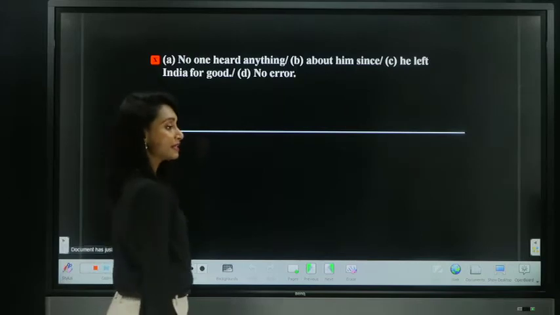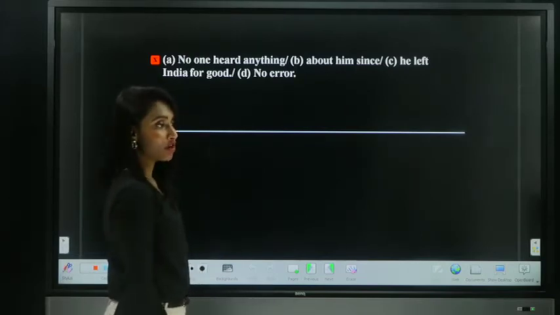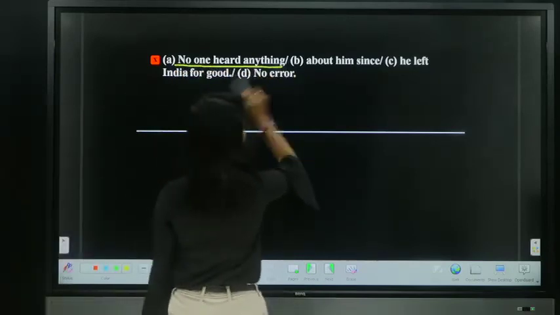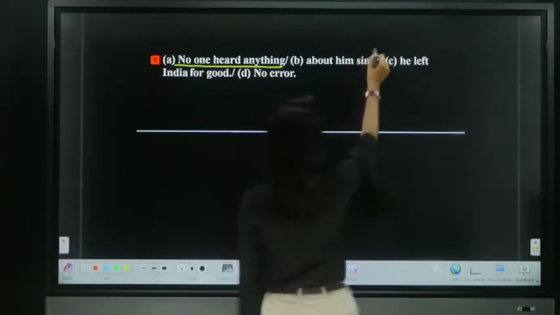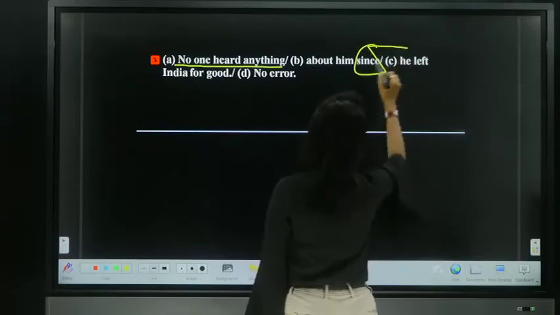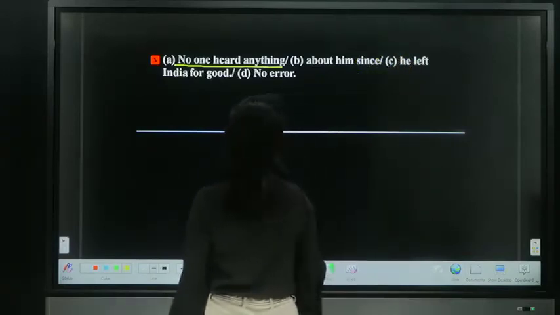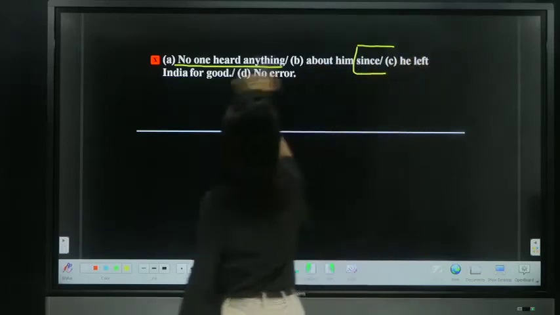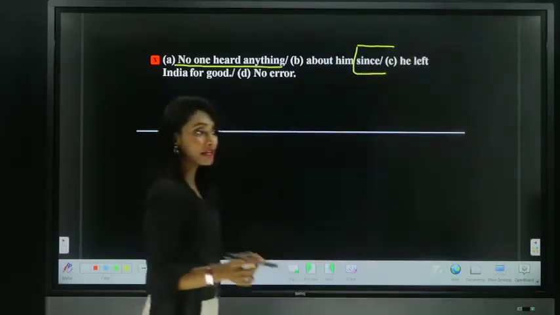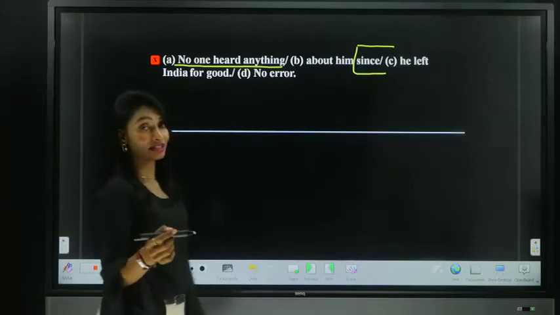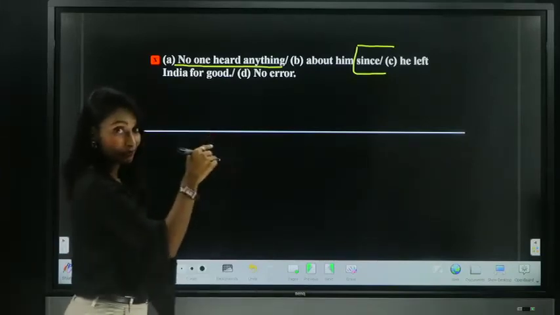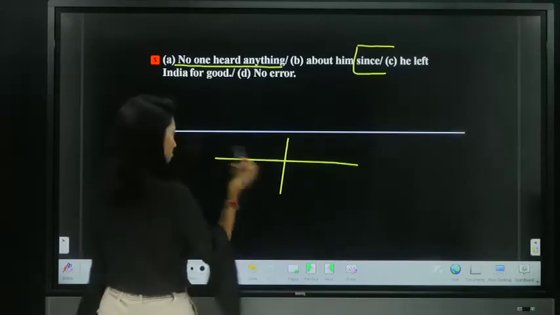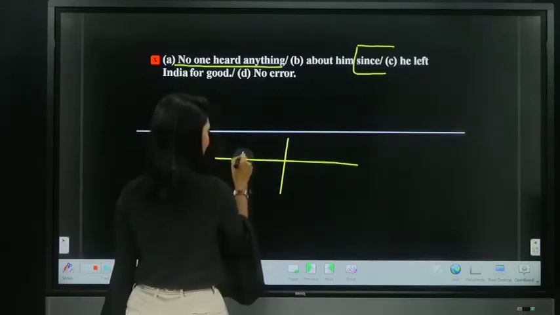See, the time indicator is in fact in option C. No one heard anything about him since, here since is indicating he left India for good. That means, yes, Angela, you're correct. So from that time, since he left India for good, when did he leave India? Don't know, but somewhere in the past.